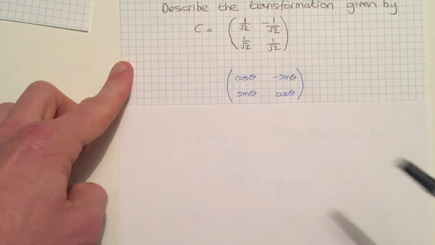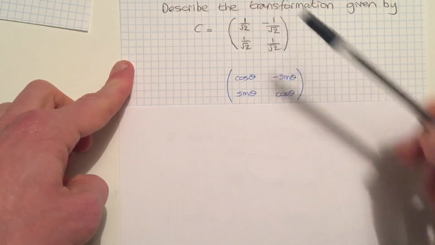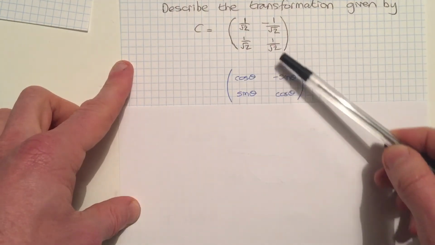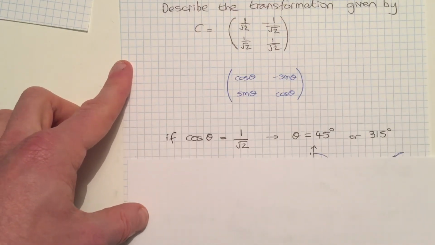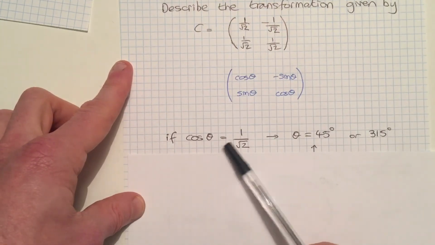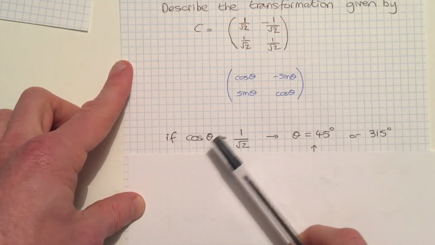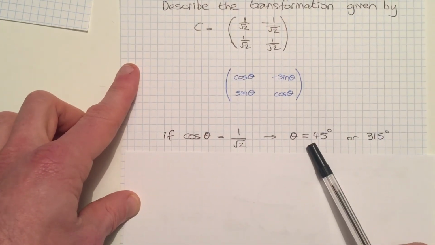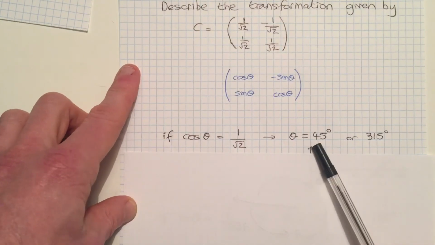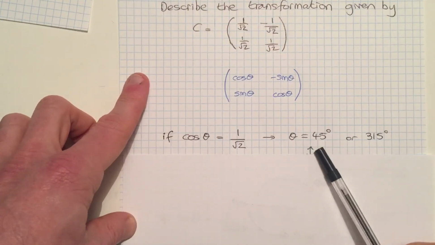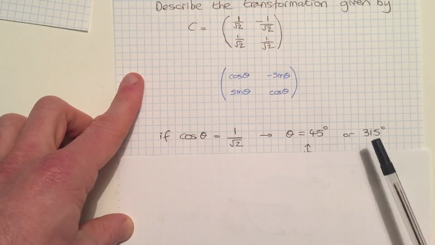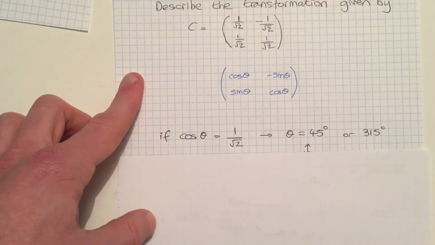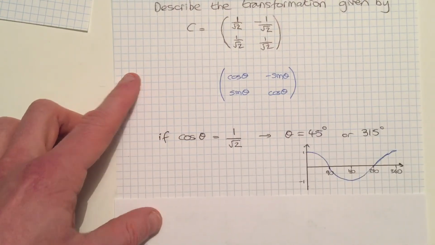So just comparing that, then I can see that cos theta has to equal 1 over root 2. So if I do inverse cos, I get 45 as a possible answer. And from what we've seen before in solving trigonometric equations, I know that 315 is also another solution.